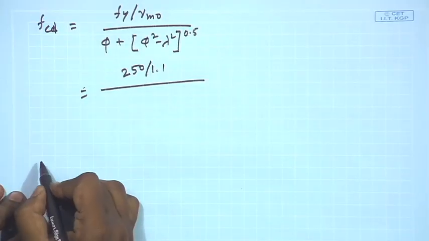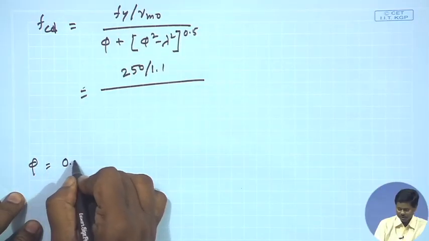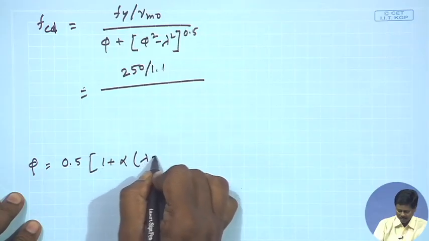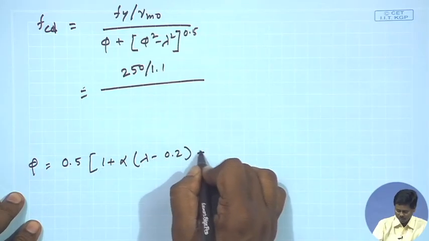Now, I have to find out the phi value before that. So, phi value will be, we know, 0.5 into 1 plus alpha into lambda minus 0.2 plus lambda square.